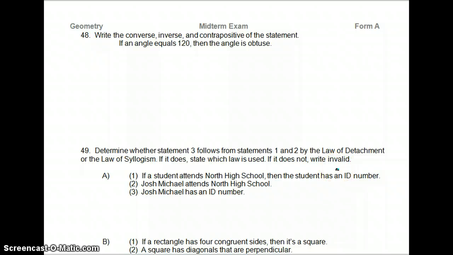48. Converse, inverse, and contrapositive of the following statements. We're just going to give you the symbols for this.